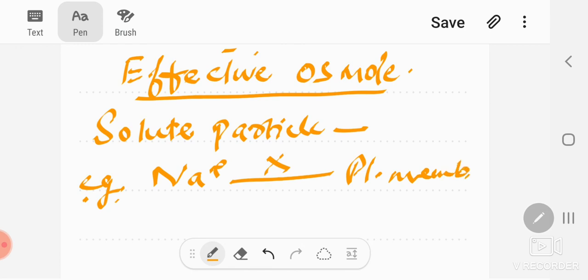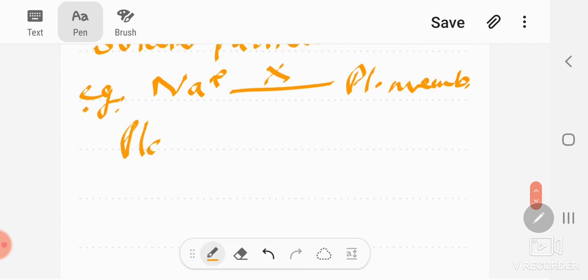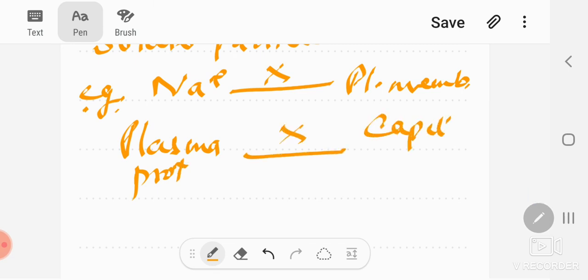So sodium for the plasma membrane is an effective solute, or sodium for the intracellular fluid compartment is an effective osmole. Similarly, plasma proteins do not cross capillary membranes. So plasma proteins are effective osmoles for extracellular fluid, particularly the plasma compartment.